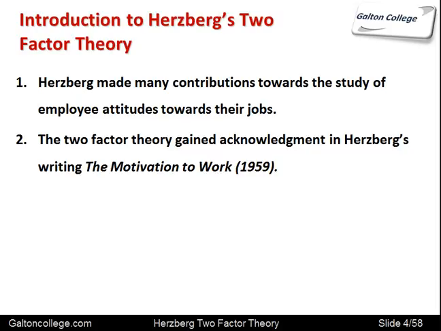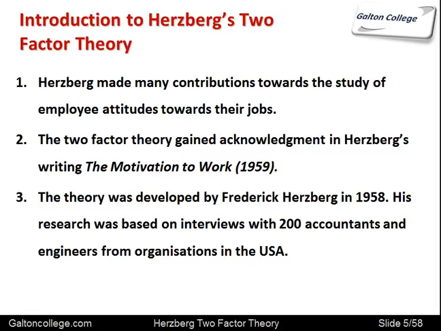The two-factor theory gained acknowledgement in Herzberg's writings, The Motivation to Work, which was published in 1959. The theory was developed by Friedrich Herzberg in 1958. His research was based on interviews with 200 accountants and engineers from organizations in America.